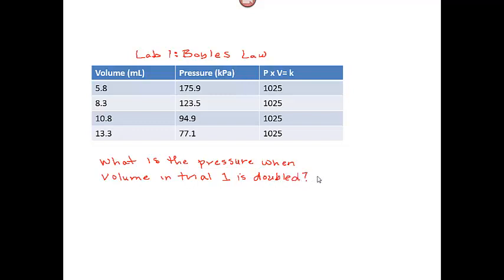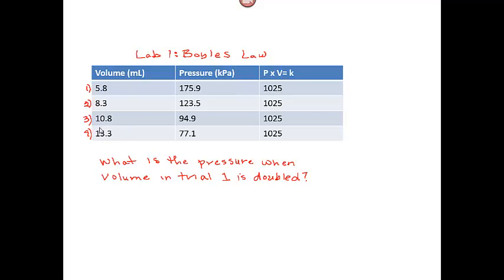All right, so to answer that question, first of all, we have to look up here in our data table, and I didn't really label these trials, so I'll go ahead and do that now. We're talking about trial 1, which is right here, and the volume was 5.8. So this says, what is the pressure when the volume in trial 1 is doubled? Well, if we double the volume here, 5.8 is going to equal 11.6, right?